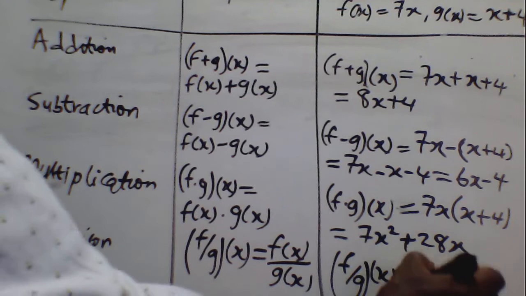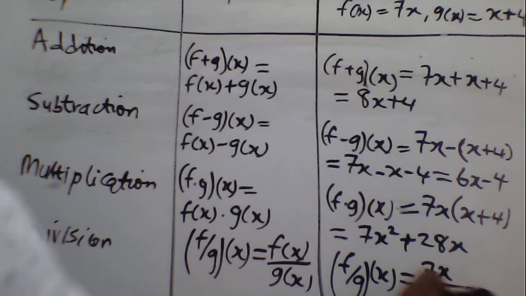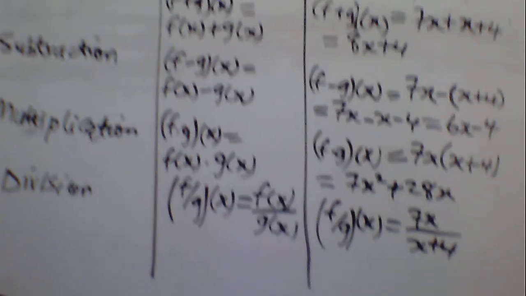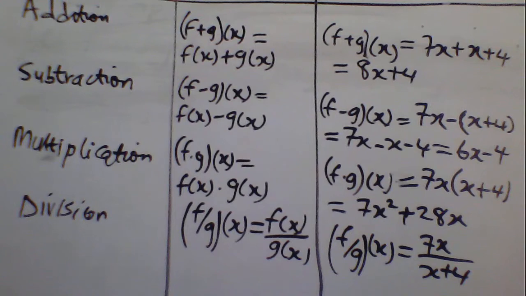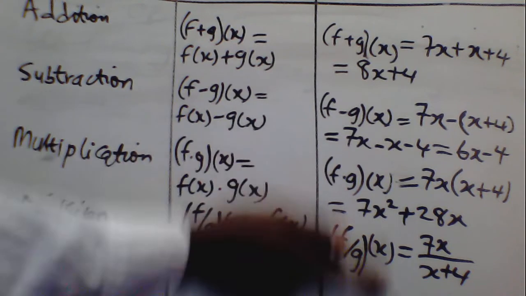This gives us what? 7x divided by x plus 4. So this is how we can perform operations between two given functions f of x and g of x to form a new function. So there are four function operations we have already treated that enable us to create a new function.